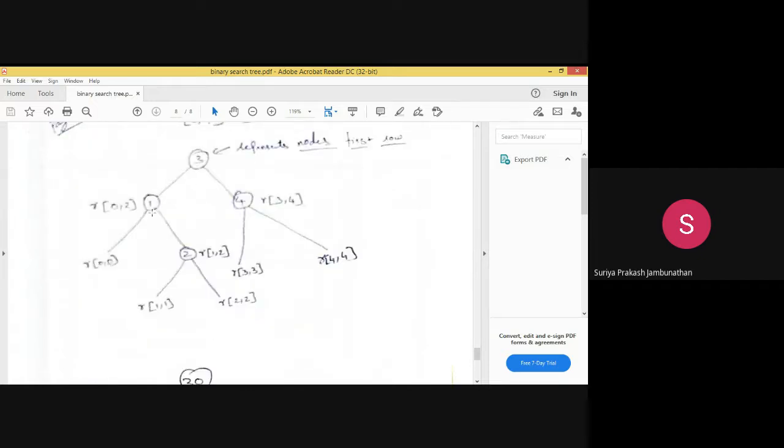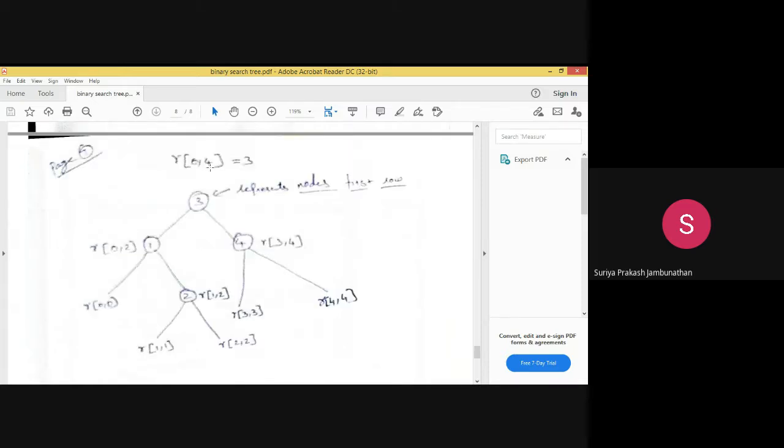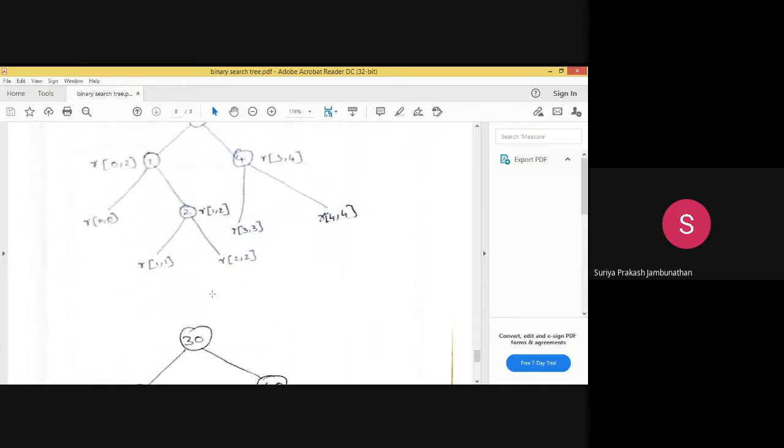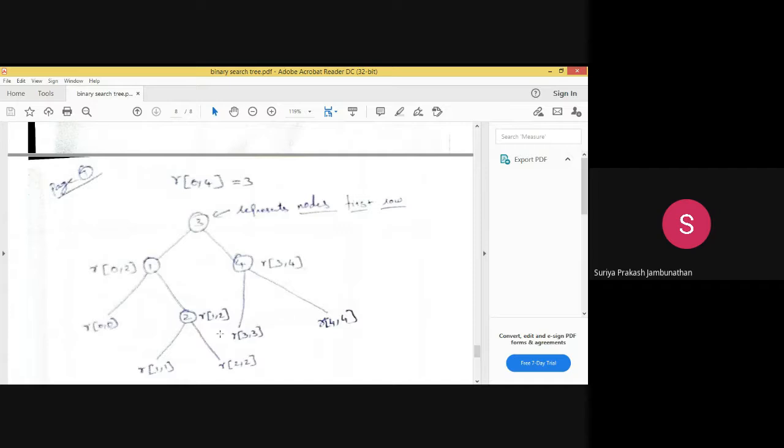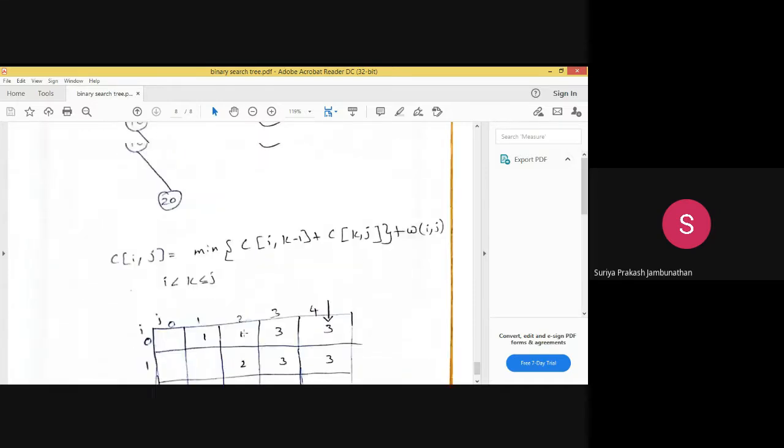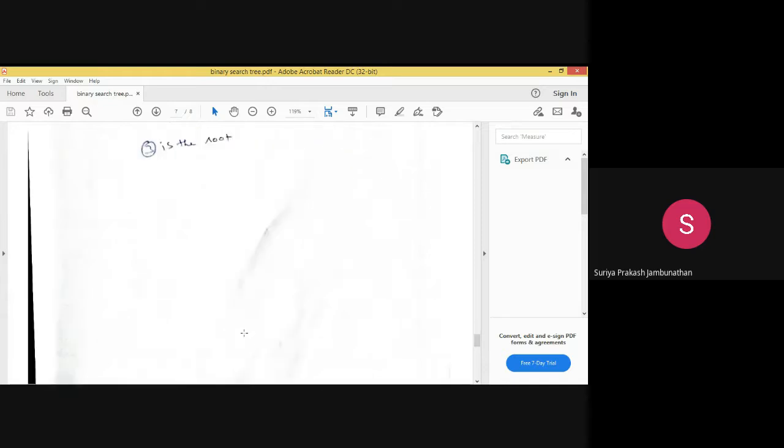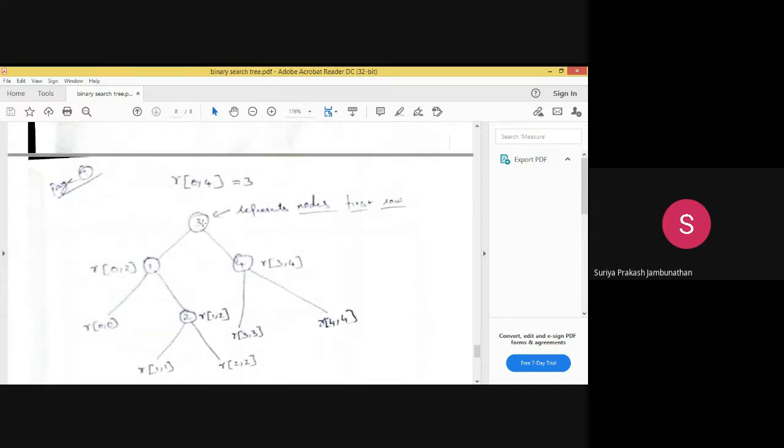So 3, 1, 4, 2, all these things we consider 0 comma 0. These values we have. Position value.